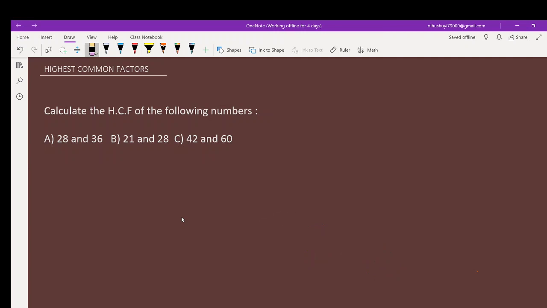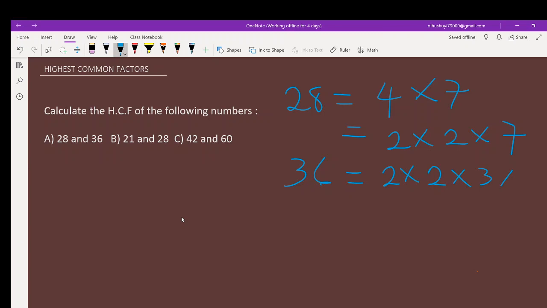Let's treat question C. Now the other one, you can also do the other method. 28 is equal to what? 4 times 7, isn't it? Which you can write as 2 times 2 times 7. Are you seeing that? Then 36 is what? It's 4 times 9. I can easily break that down as 2 times 2 times 3 times 3.